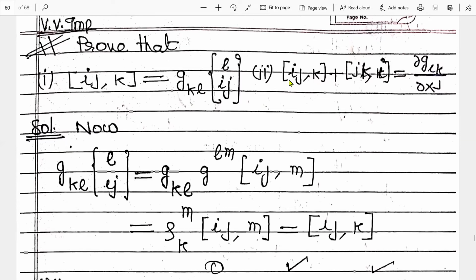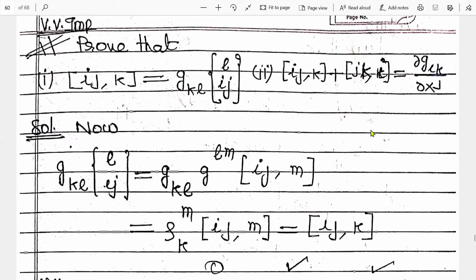The second part is [ij,k] plus [jk,i]. Clear? In order to remember this, take it as a circle: first i, second j, and third k, and take the direction clockwise. So first it is ij, second jk.